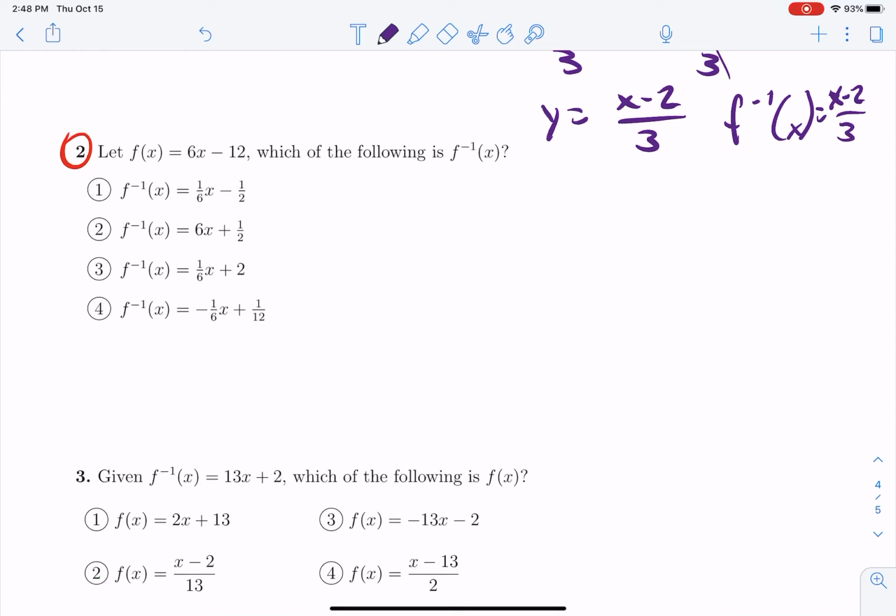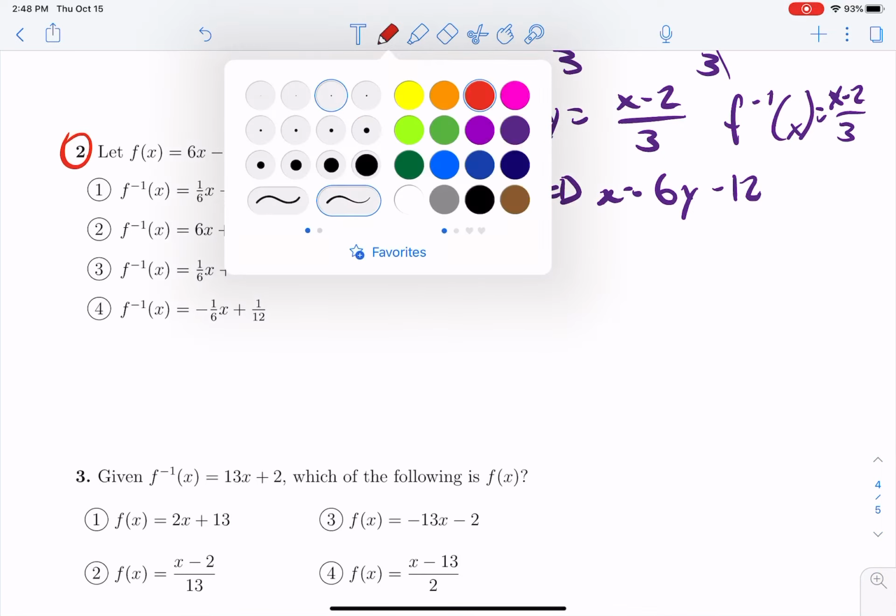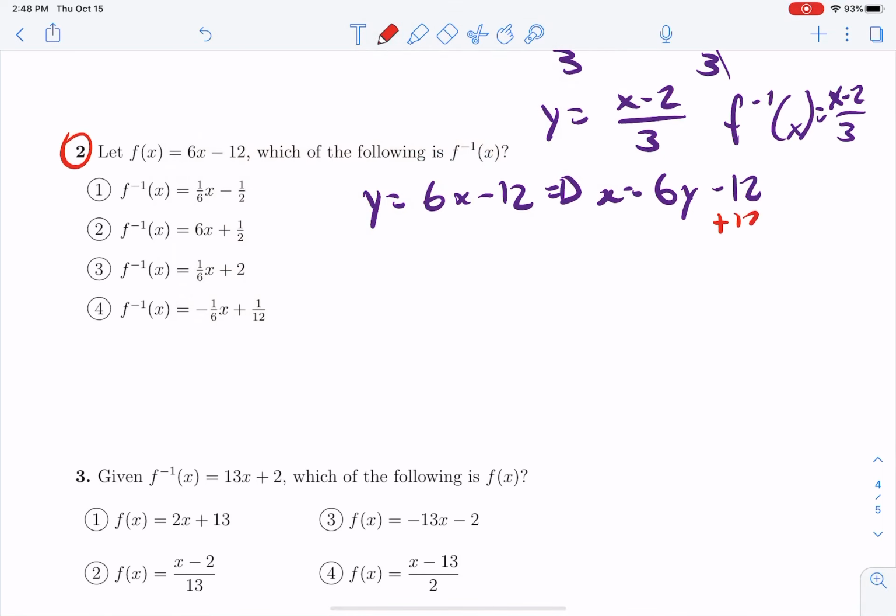Okay, for the next one, same thing. So replace f of x with y. Switch the x and the y variables. So that's kind of what I did here. Next, I'm going to solve this equation for y.